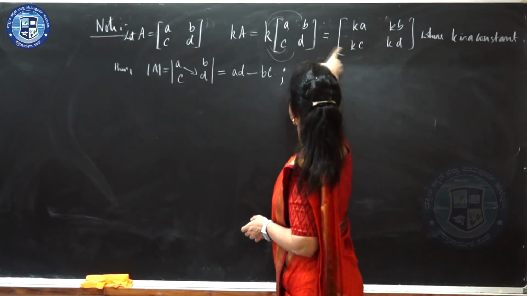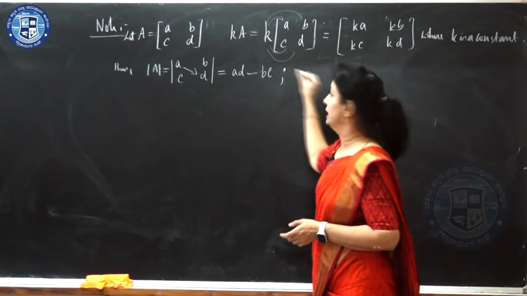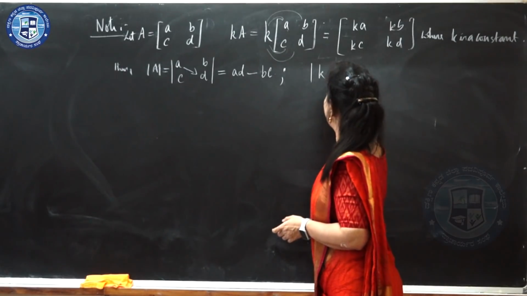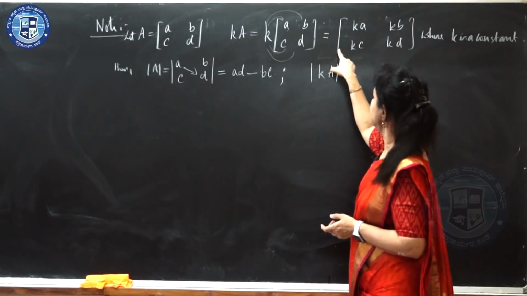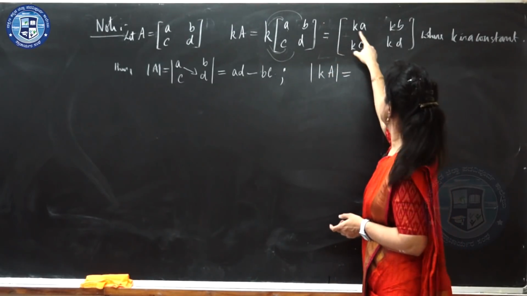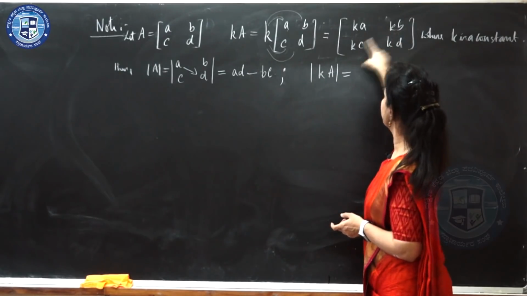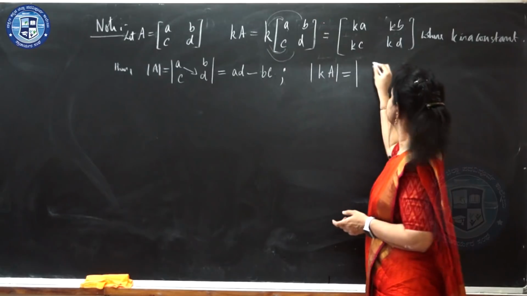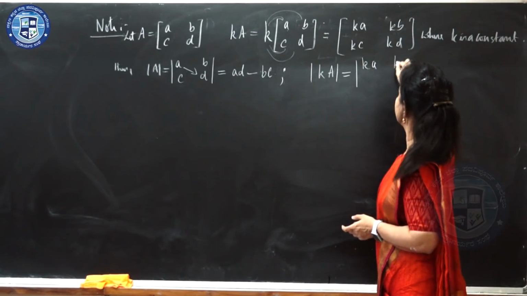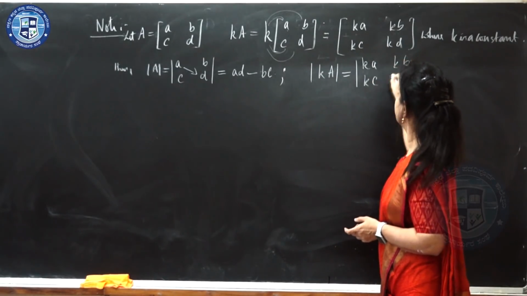Also, what is the determinant of KA? Determinant of K into A. We know the matrix KA is Ka, Kb, Kc, Kd. So write it as a determinant: determinant of Ka, Kb, Kc, Kd.